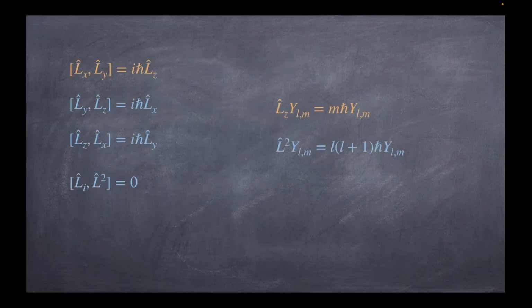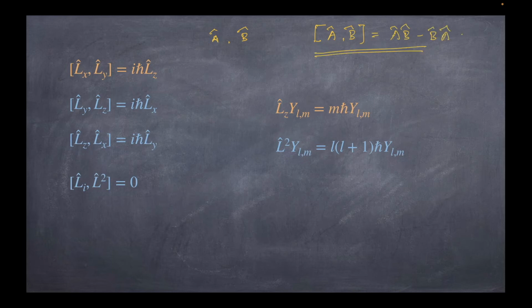Now this is the commutation relationship between two operators. Let's say A is an operator and B is an operator. The commutation relationship is represented by the square bracket A, B, which is AB minus BA.